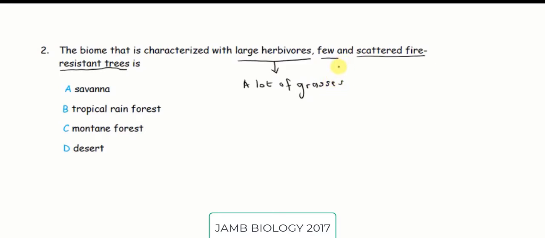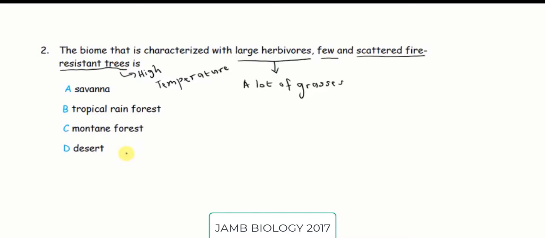The fact that we have few and scattered fire-resistant trees implies that we have high temperature. So what we'll be looking for is that particular vegetation that has a lot of grasses and has very high temperature.